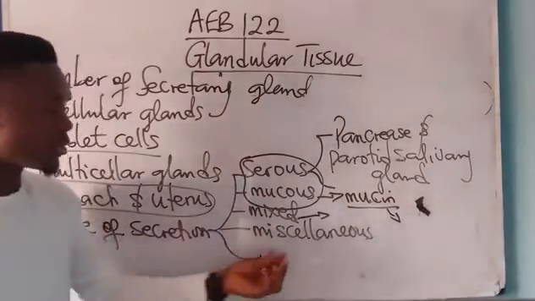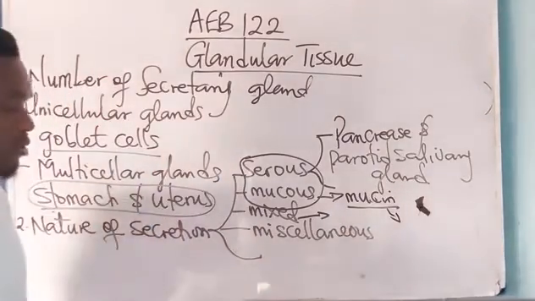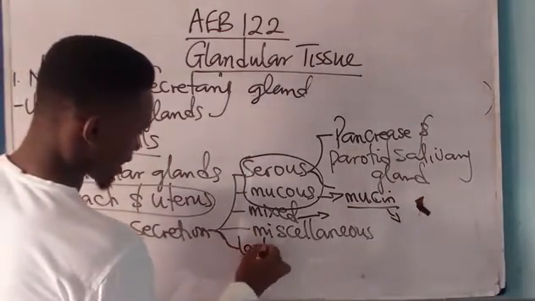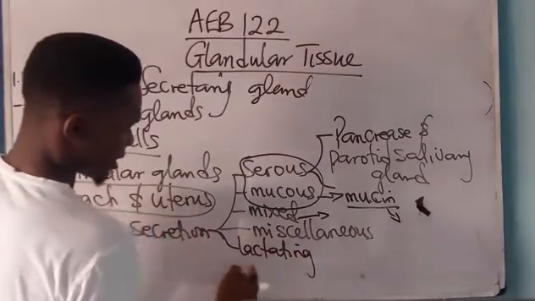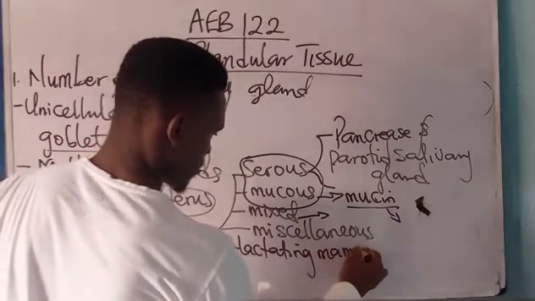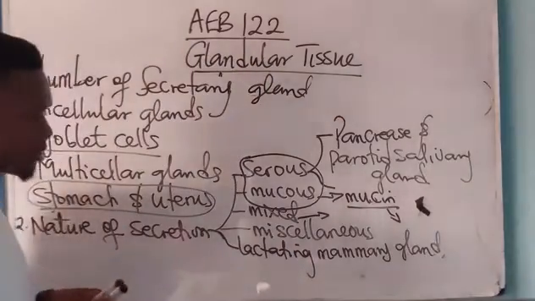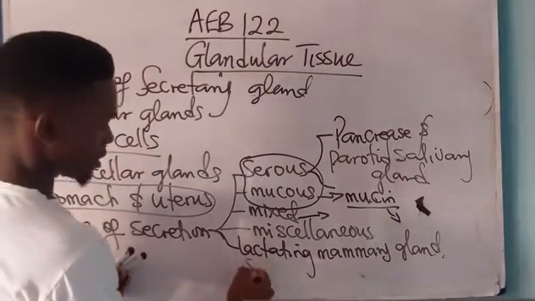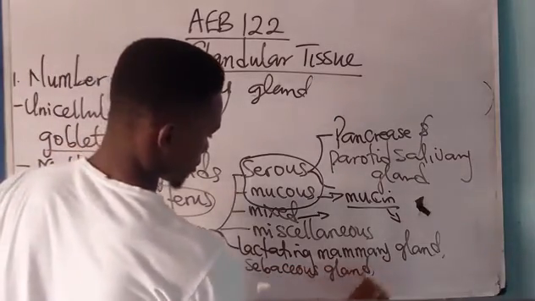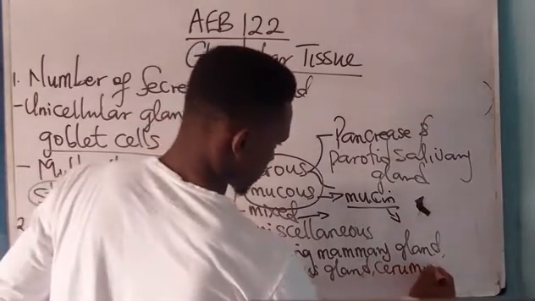We now have the miscellaneous gland. A miscellaneous gland produces secretions that are different from every other secretion. Examples are the lactating mammary gland, the sebaceous gland, as well as the ceruminous gland.